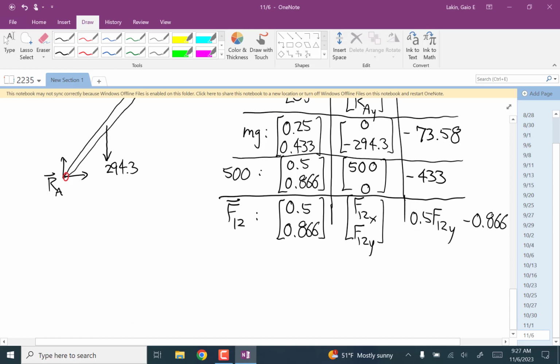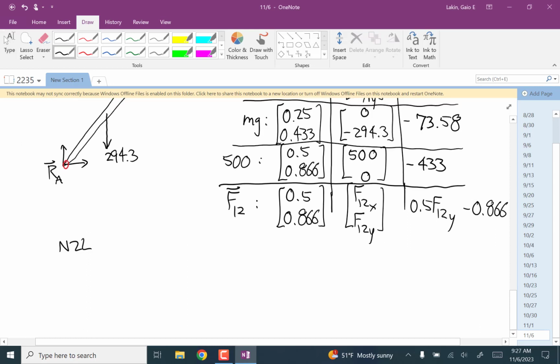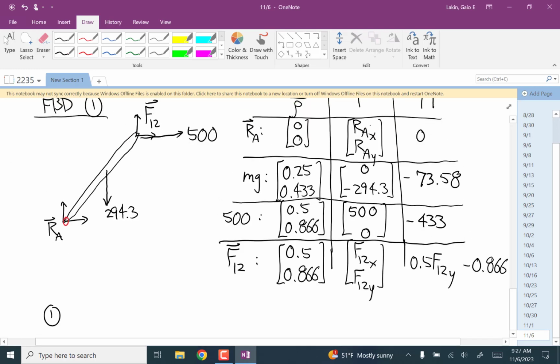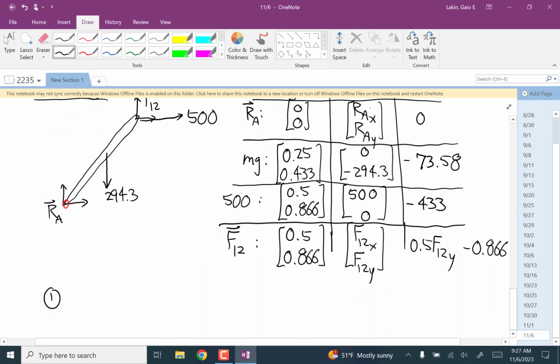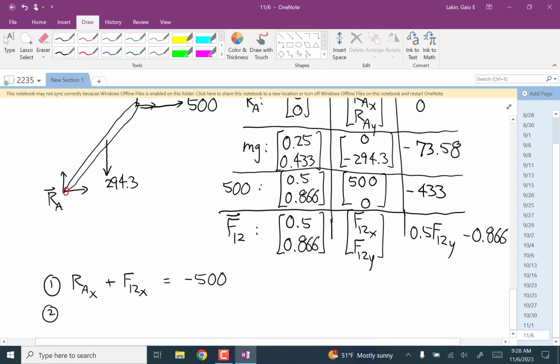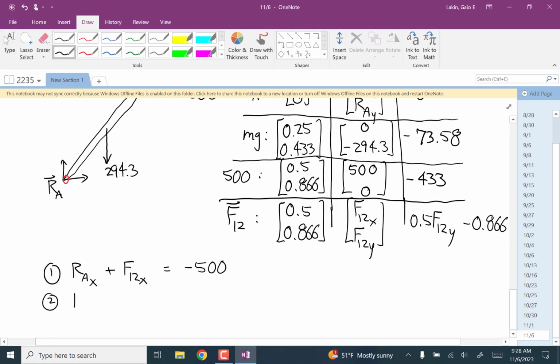Okay, thank you. Newton's second law gives us the equations; I'm just going to number these out. The x equation for Newton's second law says RAX plus F12x is equal to negative 500. The y equation says RAY plus F12y is equal to positive 294.3.